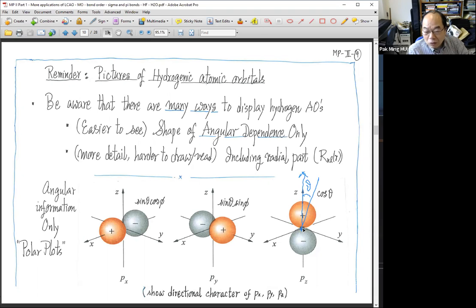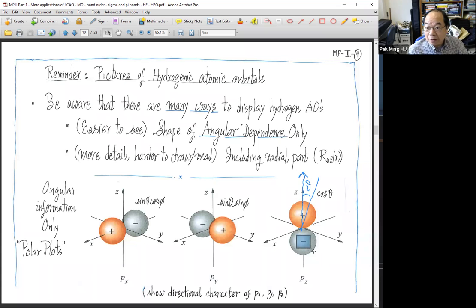Now, if you go to 120 degree, it starts to grow again, but there's a sign. It is minus. Okay. Therefore, you see this plus minus label in the p orbital pictures. Do you understand?